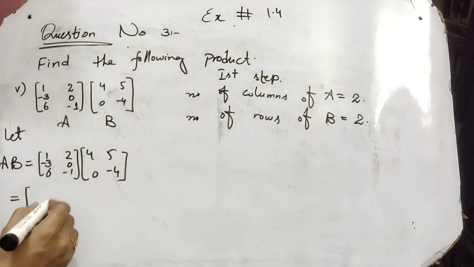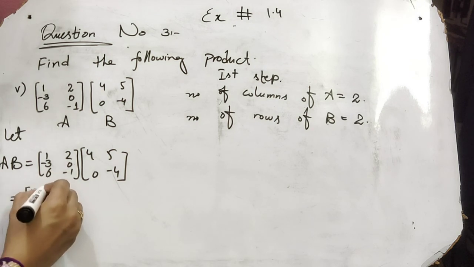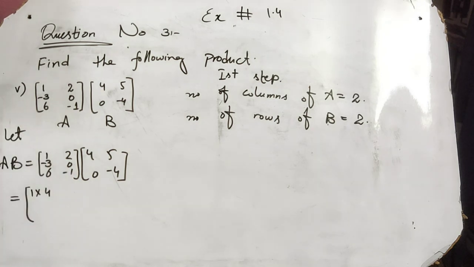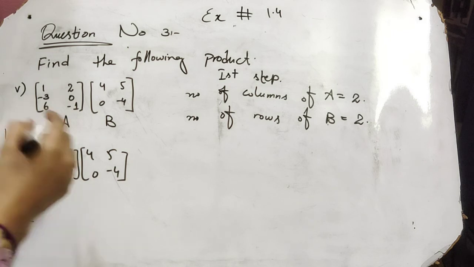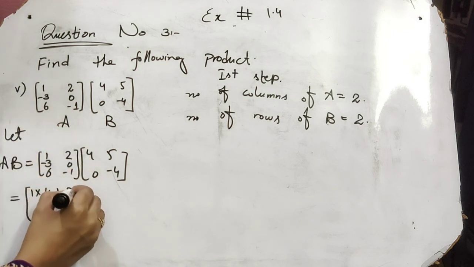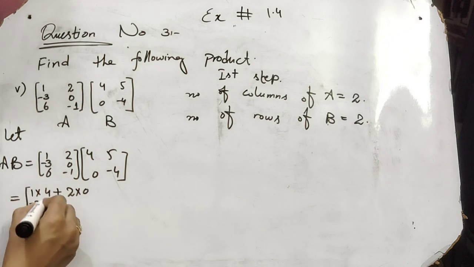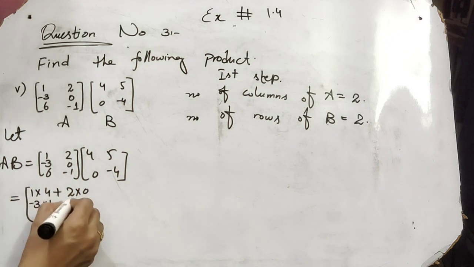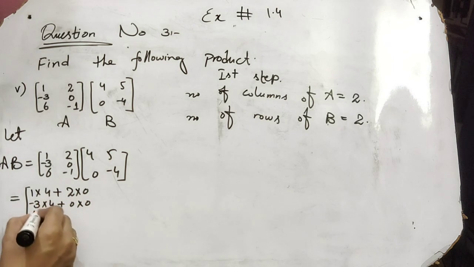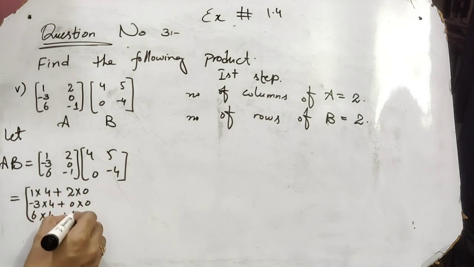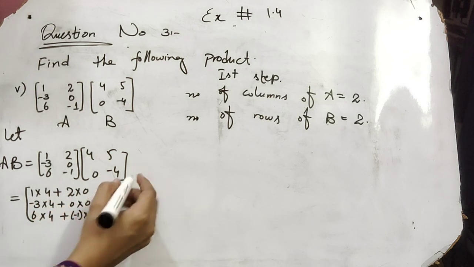This is equal to 1 multiplied by 4 plus 2 multiplied by 0, minus 3 multiplied by 4 plus 0 multiplied by 0, 6 multiplied by 4 plus minus 1 multiplied by 0.